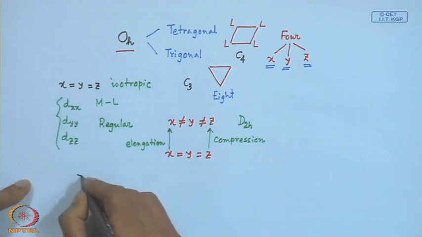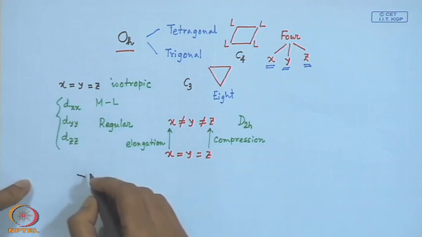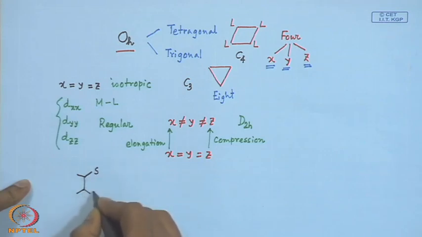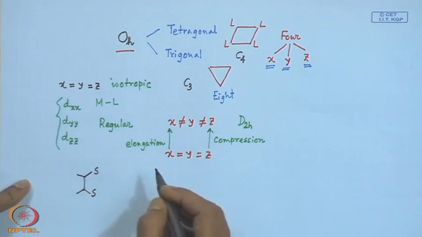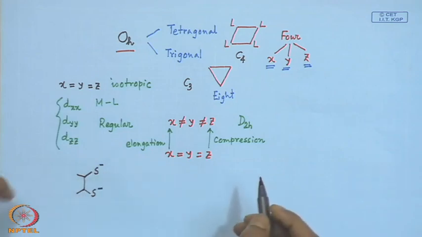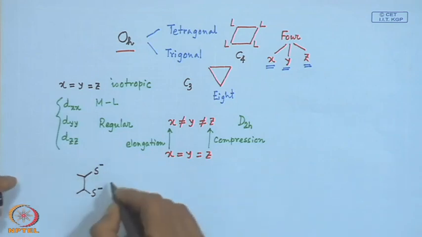situation where we have the sulfur groups, and this is a different type of bidentate ligand.